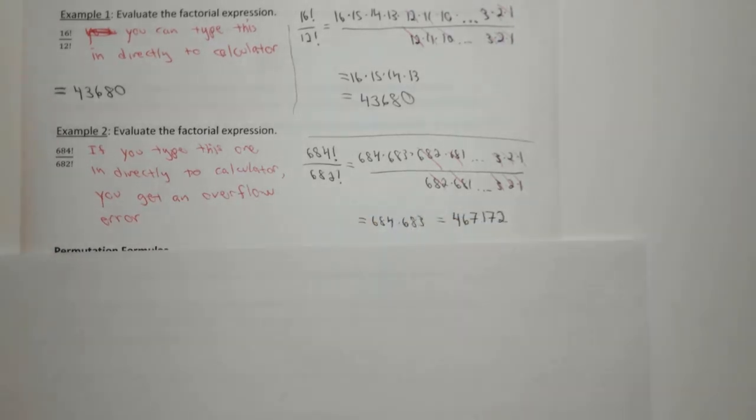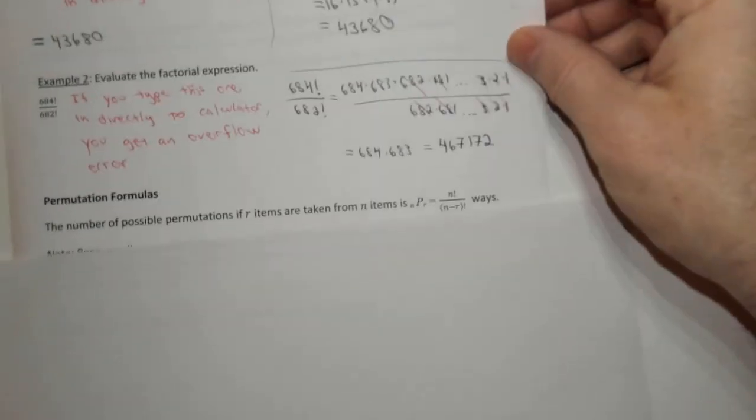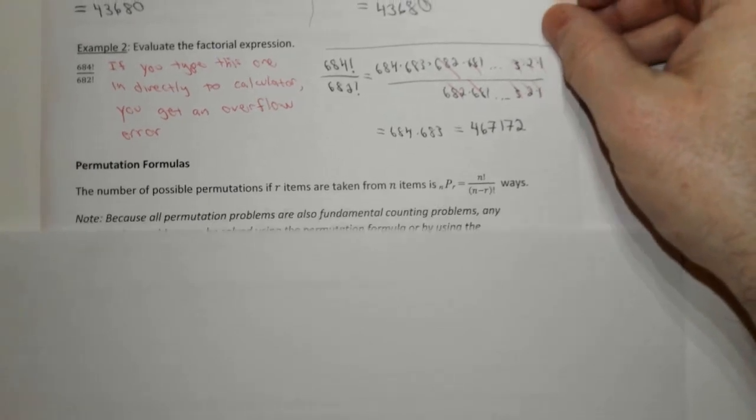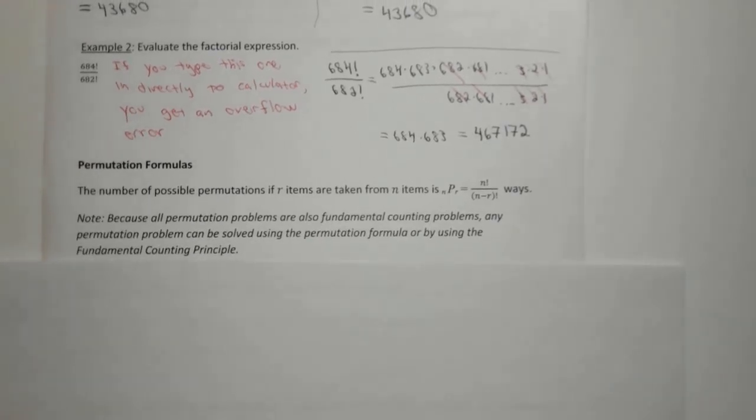All right, so that will do it for factorials. We need that information in order to understand the next thing that we're going to talk about, which will be permutations. All right, so moving on to permutations, and the formula, the precise formula, is as follows.